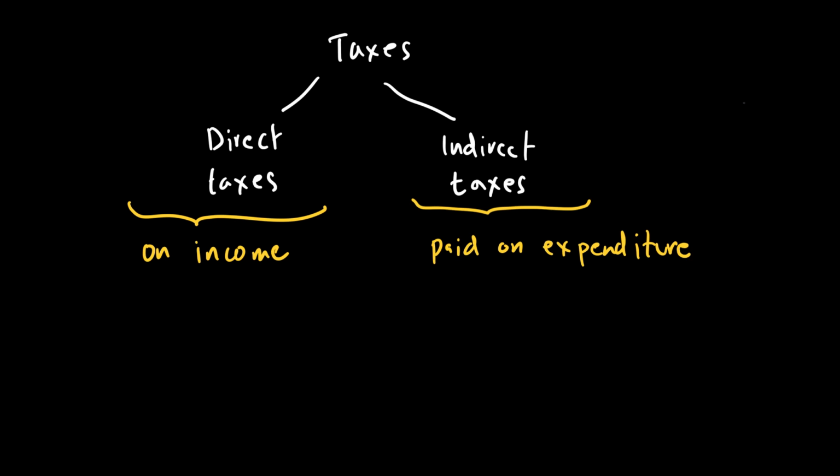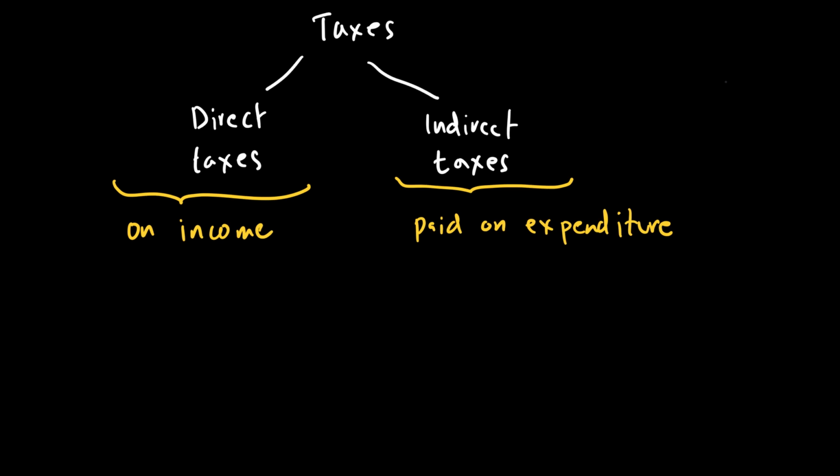That can of Coke would have some sales tax. That is when I pay for that tax. If I don't buy the good, I don't pay that tax. So indirect taxes are those taxes which are on expenditure, while direct taxes are paid on income.